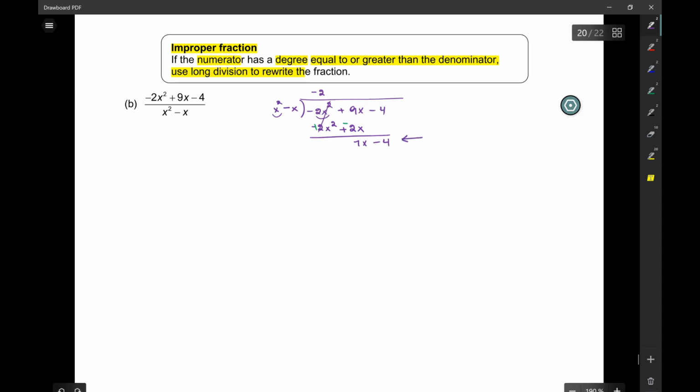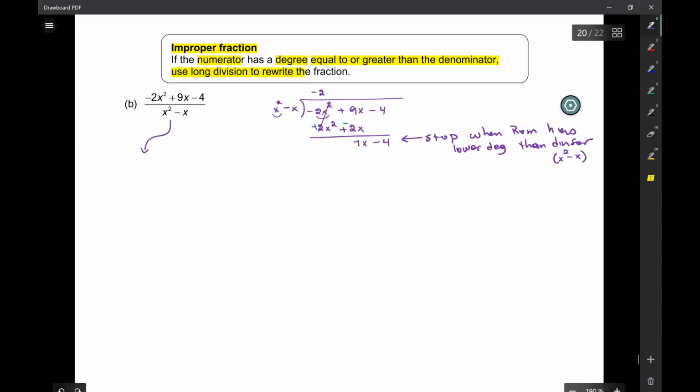So, we stop when the remainder has a lower degree than the divisor. Okay? All right. So the divisor in this case is x squared minus x. Okay, now, what have I done then?